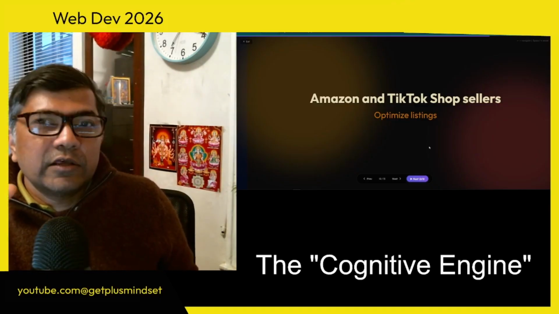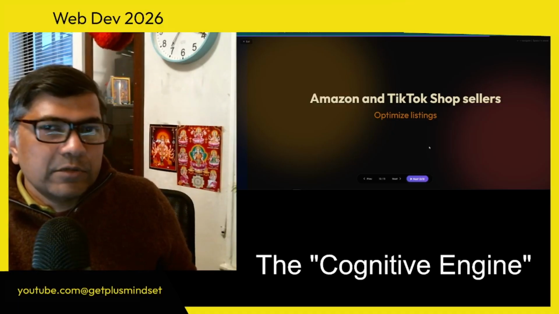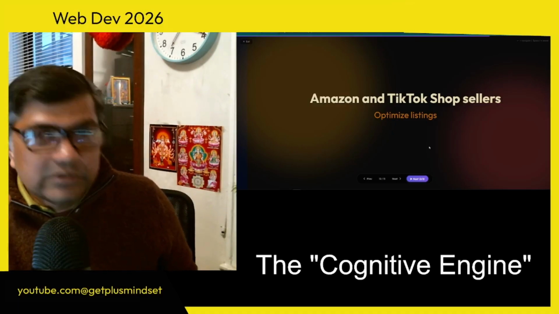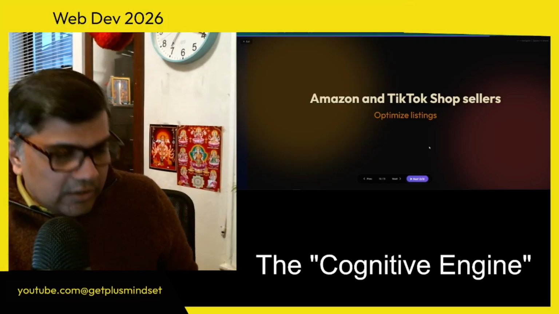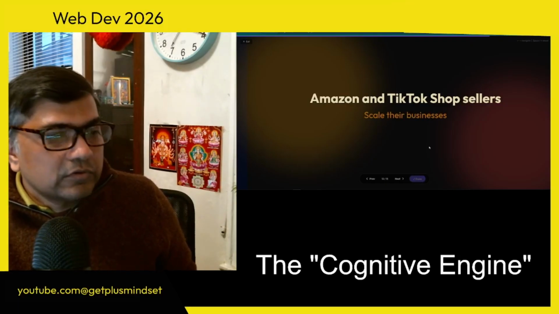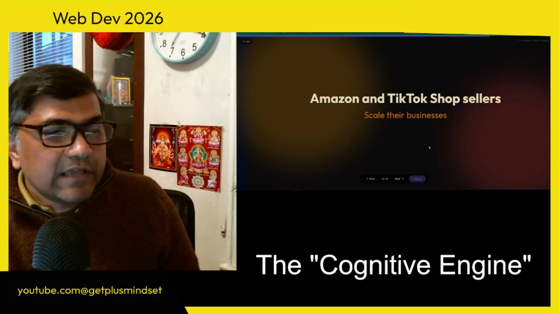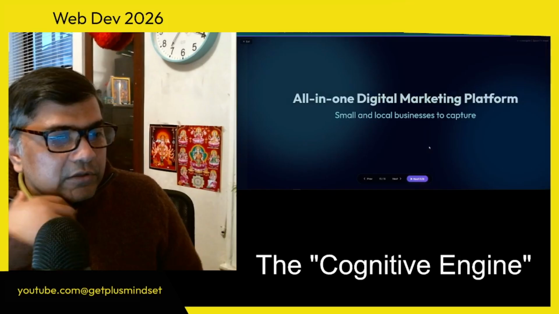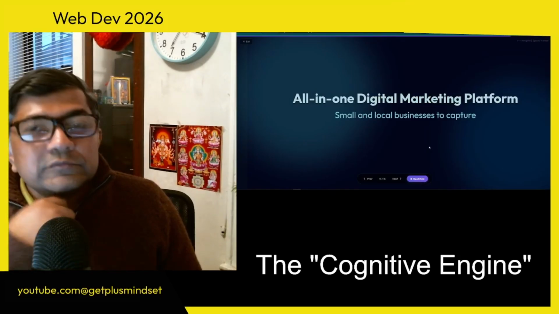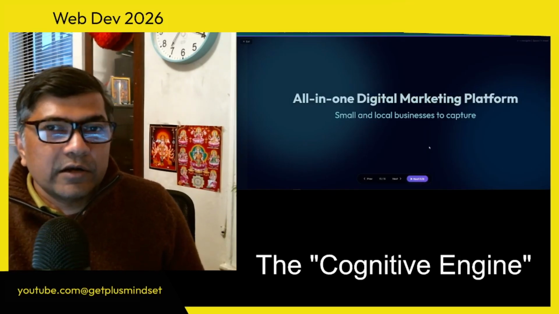That is important. You have to use high quality images and good quality descriptions that satisfy the platform, and it will help you to scale and increase your business. So that is the all-in-one idea of a digital marketing platform.